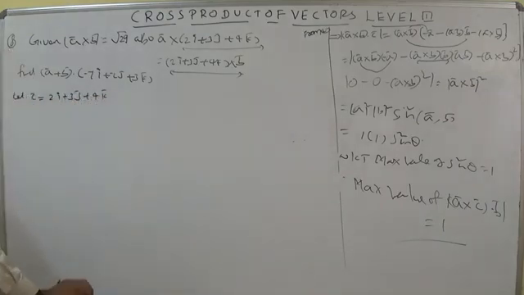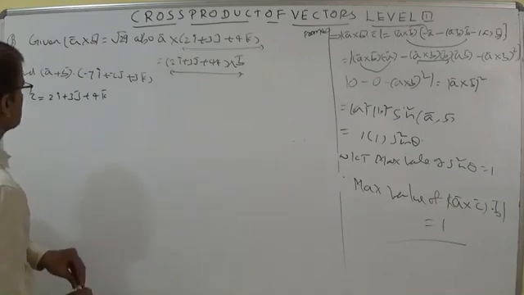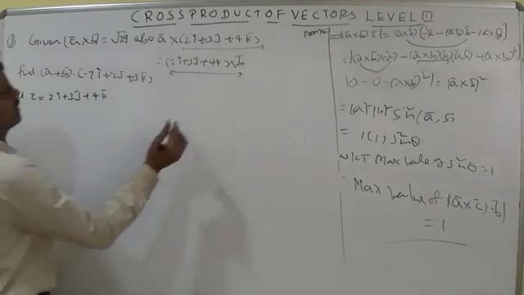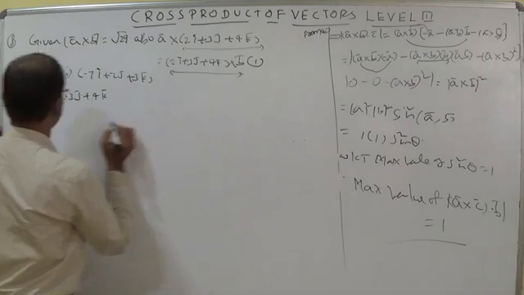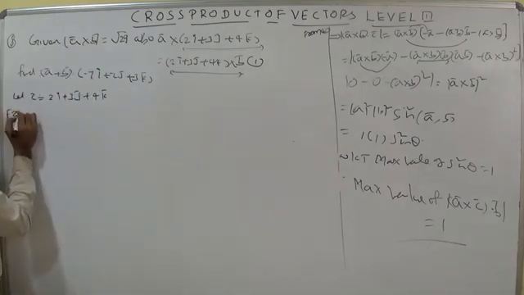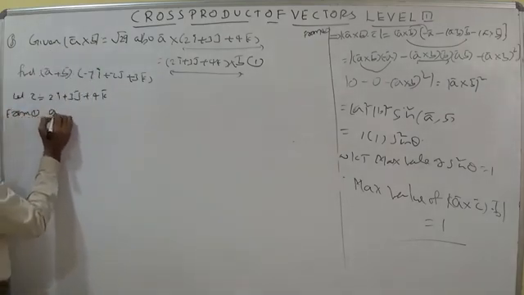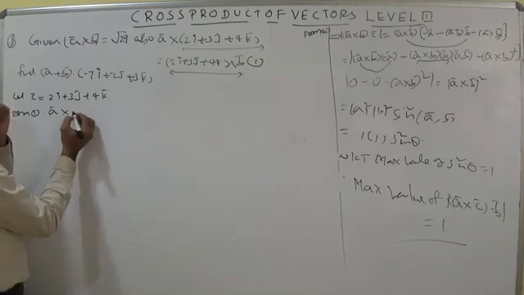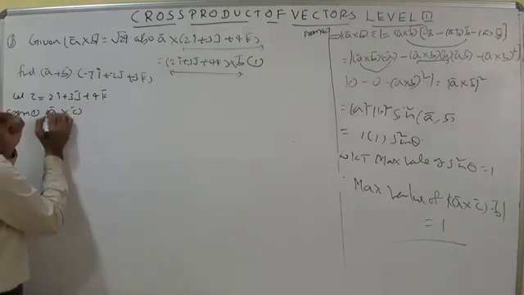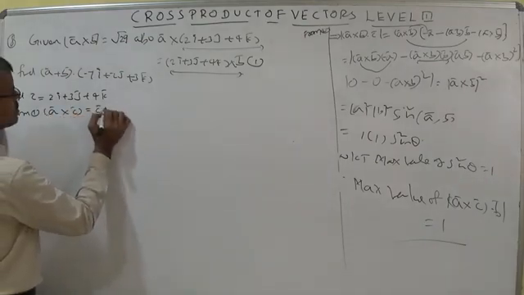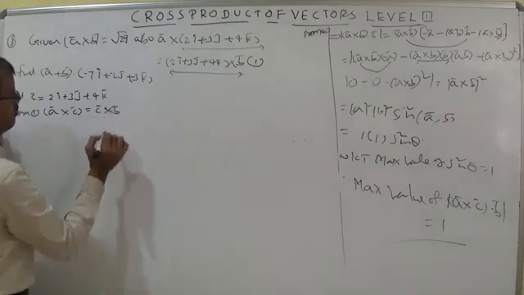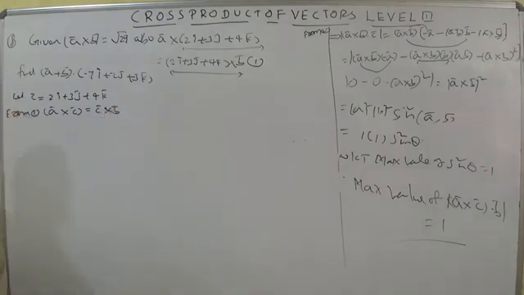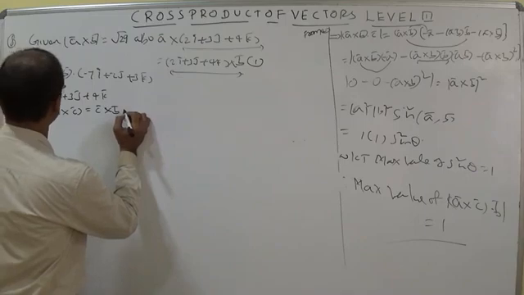Using the given condition, let it be 1, I am writing here from 1, A cross C is equal to C cross B.